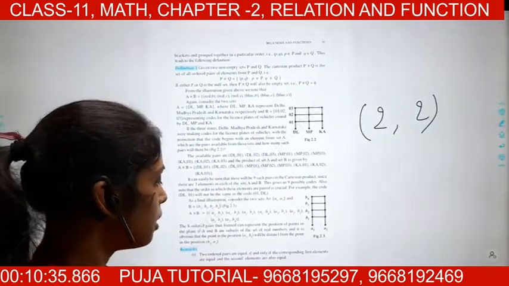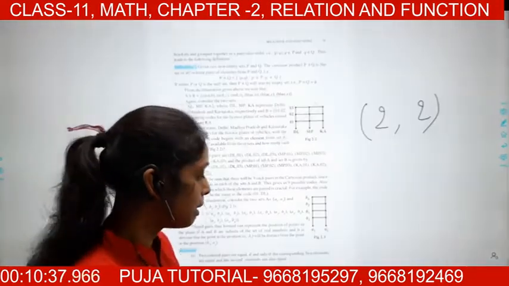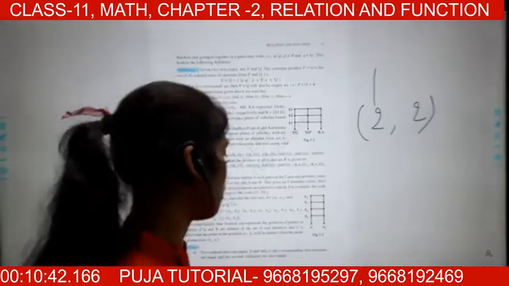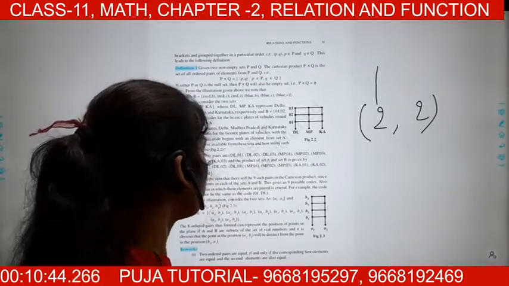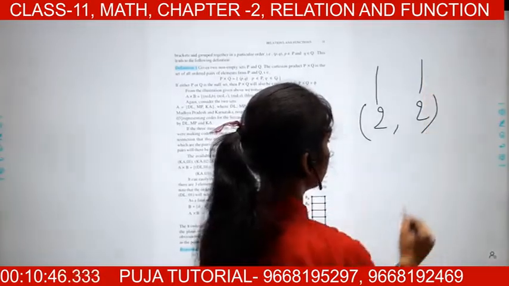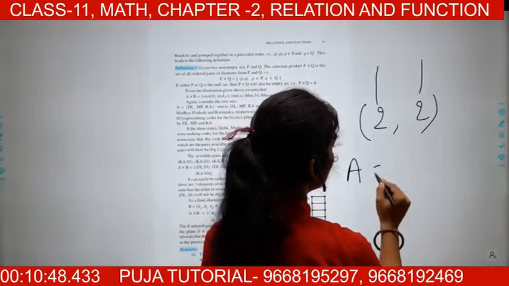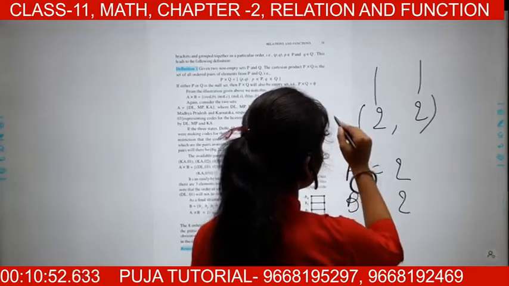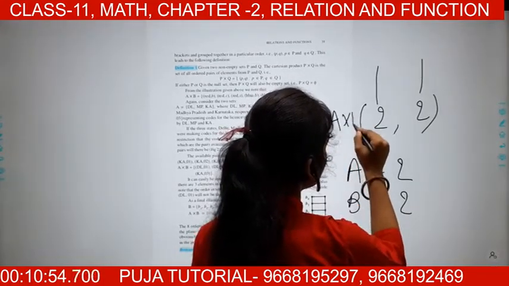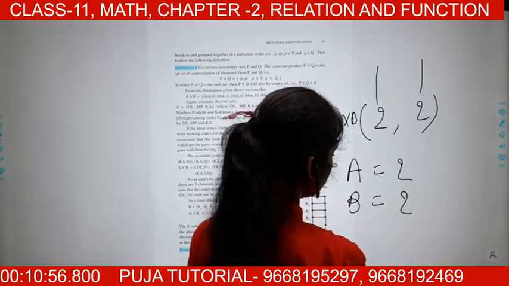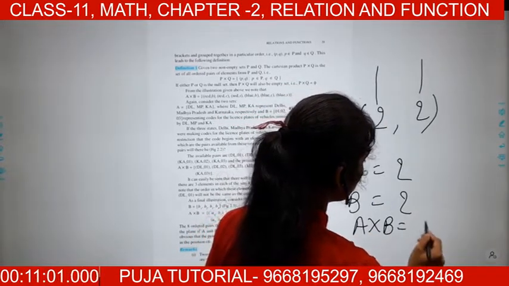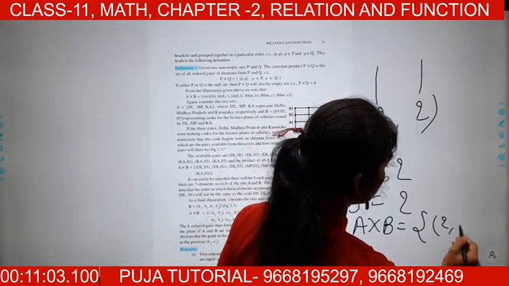That means a is equal to 2 and b is equal to 2. Then A cross B is equal to 2.